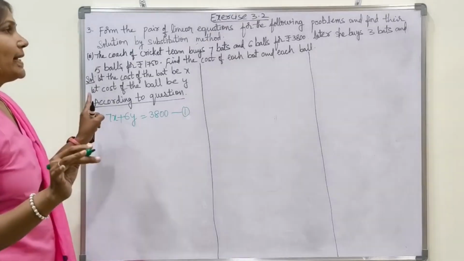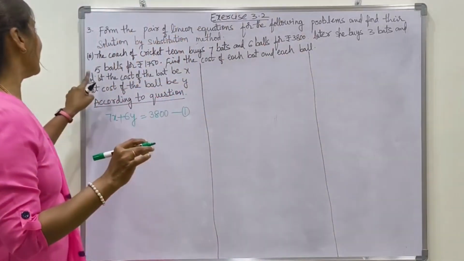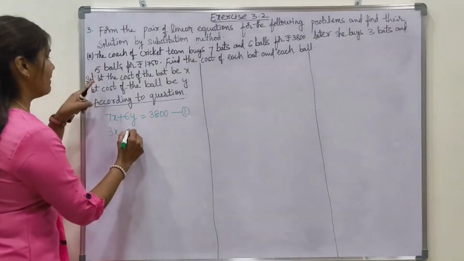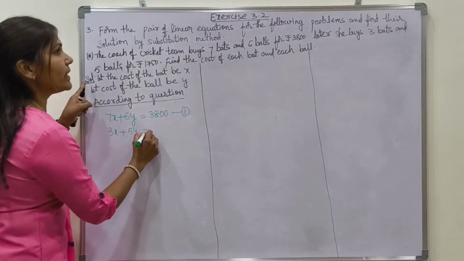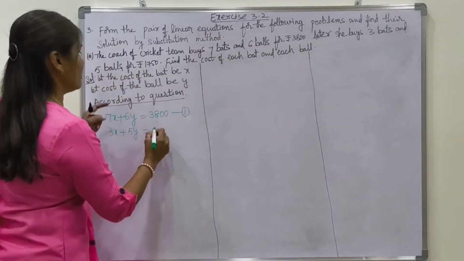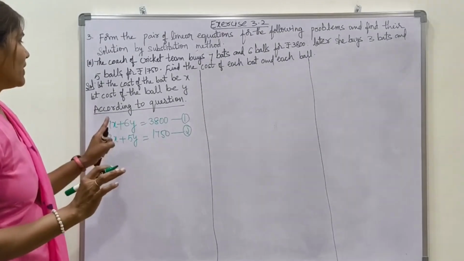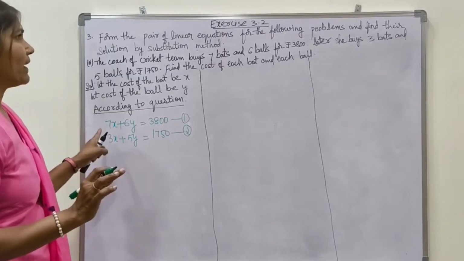First equation over. Next, 3 bats and 5 balls. Bat means x, so 3x plus 5y is equal to 1,750. This is the set. Now these 2 we will solve and find the x value and y value.